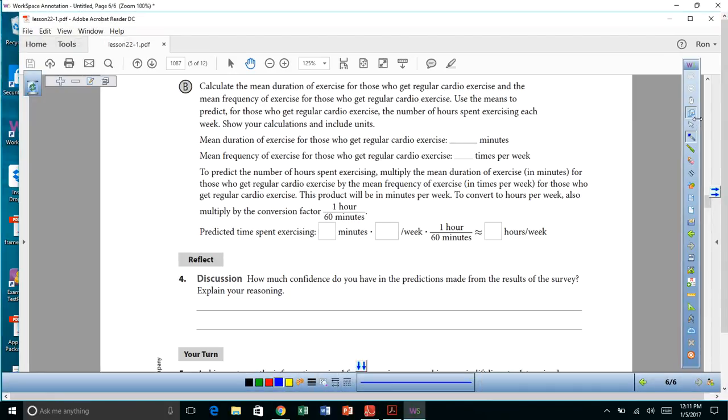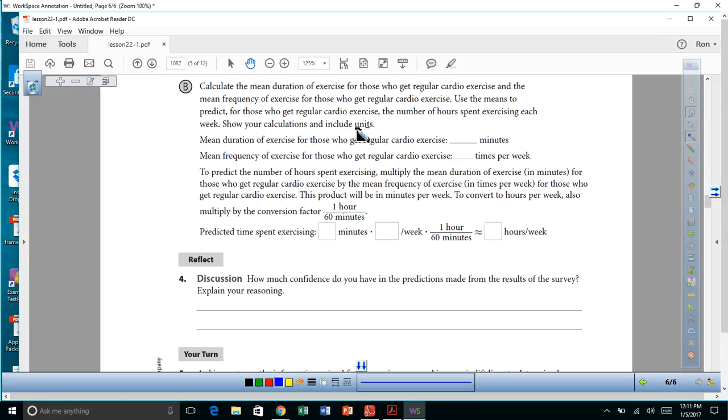All right, B. Calculate the mean duration of exercise for those who get regular cardio exercise and the mean frequency of exercise for those who get regular cardio exercise. Use the mean to predict, for those who get regular cardio exercise, the number of hours spent exercising each week.